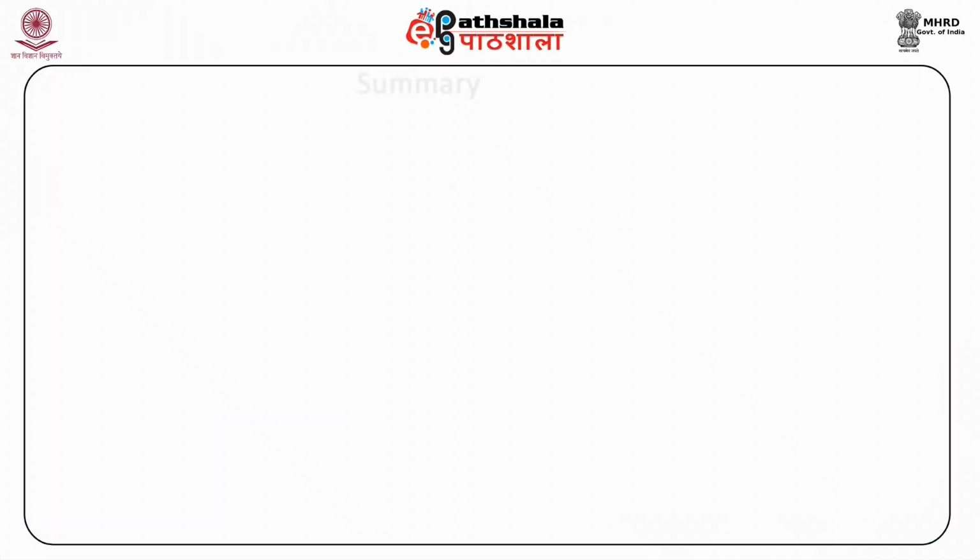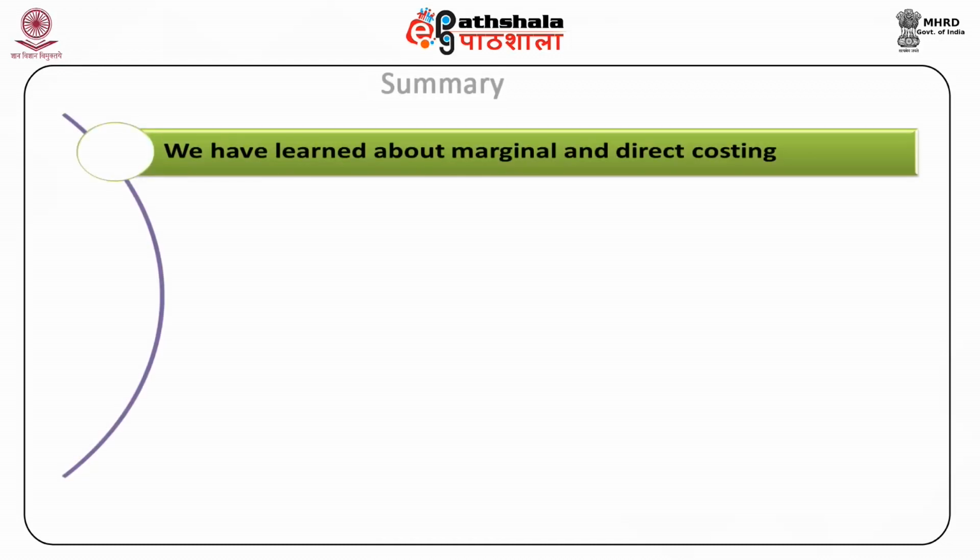Let us summarize what we have learnt in this module. We have learnt about marginal and direct costing. Both the terms are used synonymously but have different meanings attached and cannot be used interchangeably.